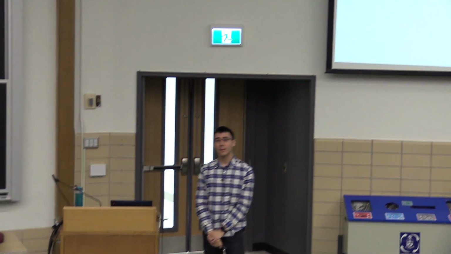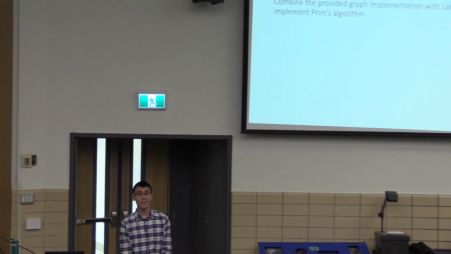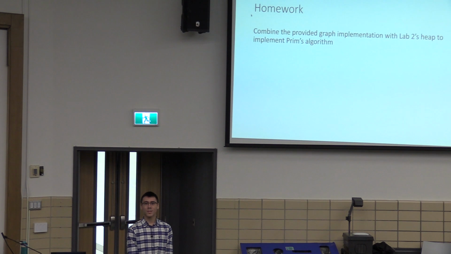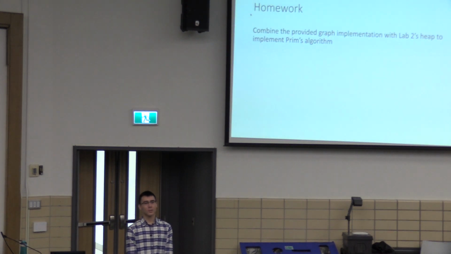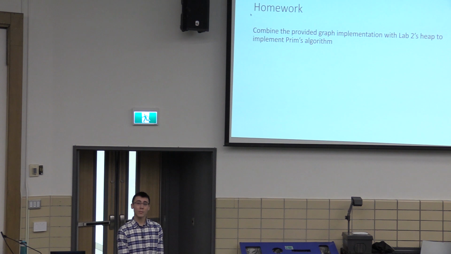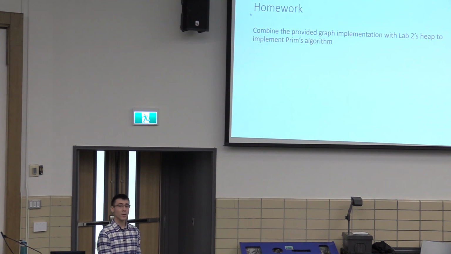Your homework for you guys will be to actually try to implement Prim's algorithm yourself. So using the graph implementation I gave you, and also lab 2, where you implemented a version of a priority queue, so a heap. That's the data structure that you can use to implement this priority queue.